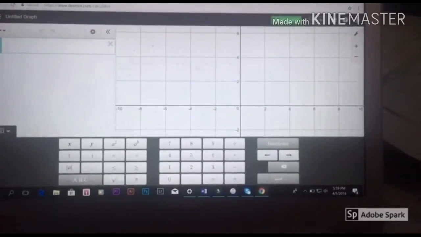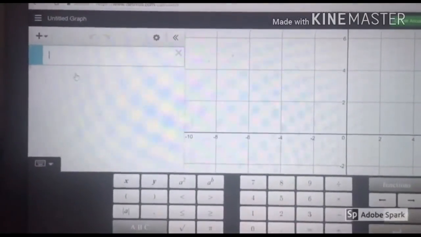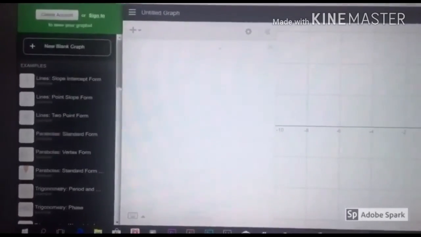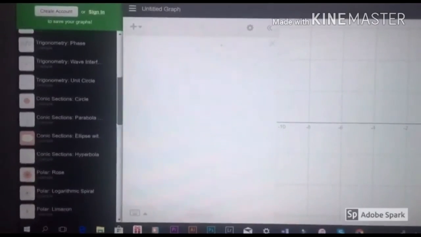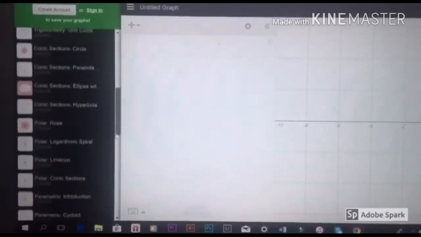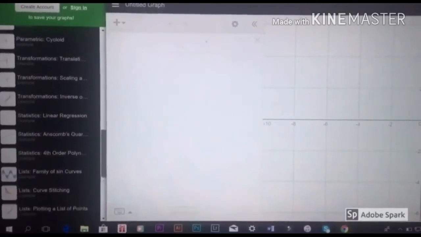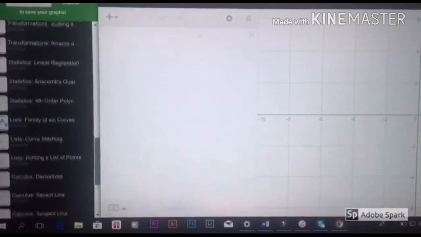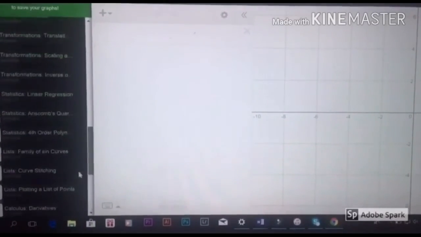So this is the website, and you can choose any types of graph you want. There's lines, parabolas, trigonometry, conic, polar. There are also transformations, statistics, lists, and also calculus. So here are the types of graphs you can choose before you enter your equations.